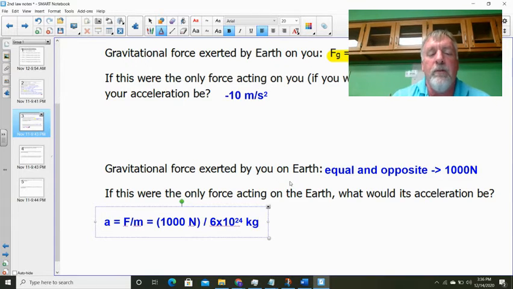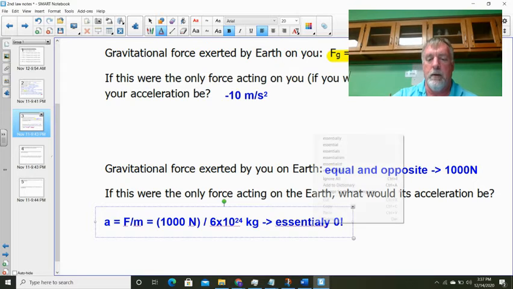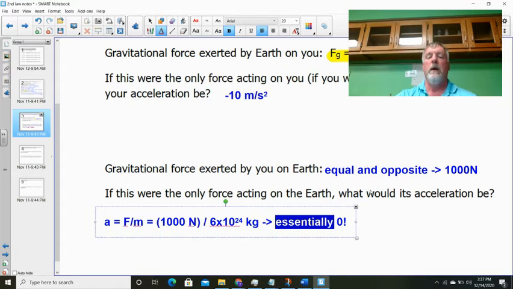So when we try to figure out this acceleration of the Earth, it's essentially zero. That's such a small number. It's essentially zero.